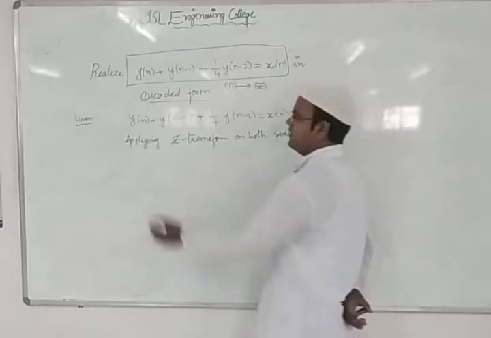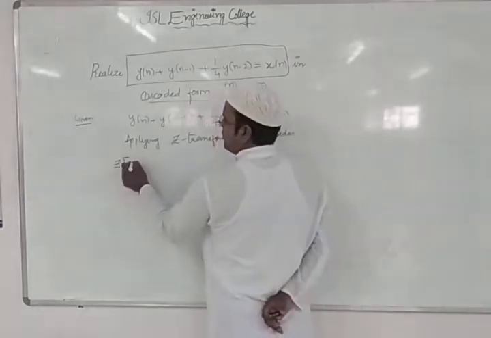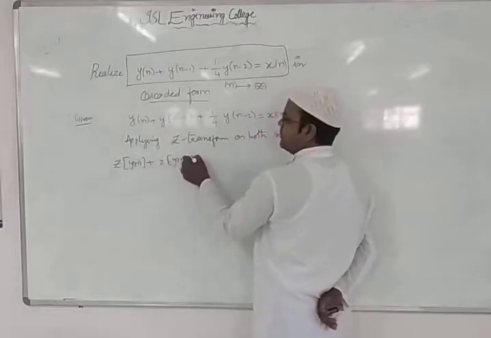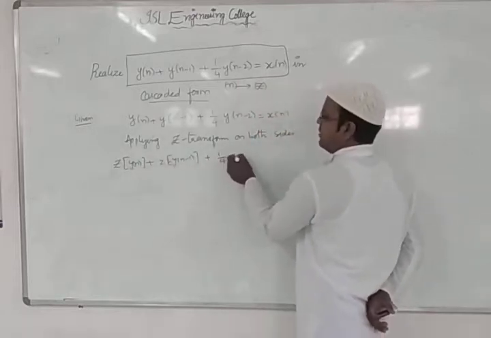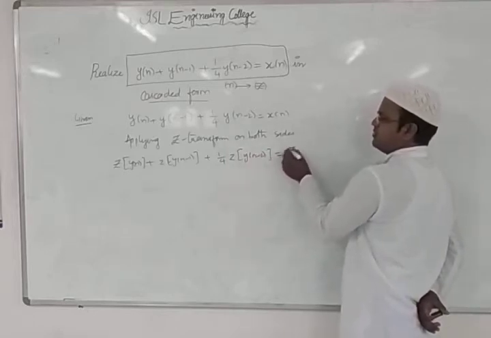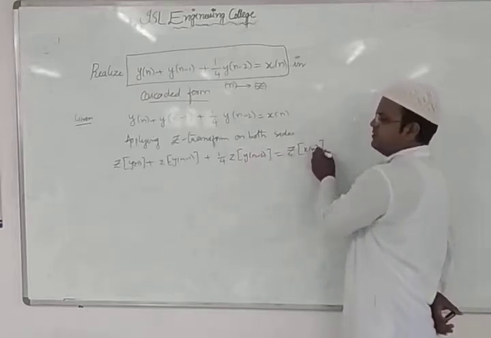So I can write Z of y of n plus Z of y of n minus 1 plus 1 by 4 Z of y of n minus 2, likewise Z transform of x of n.